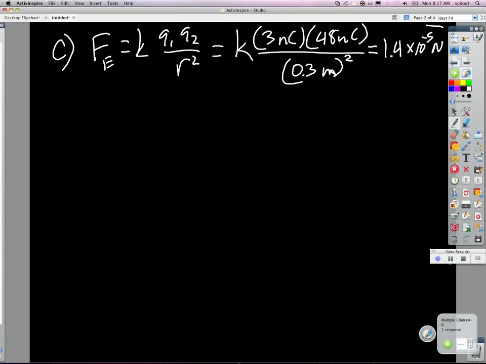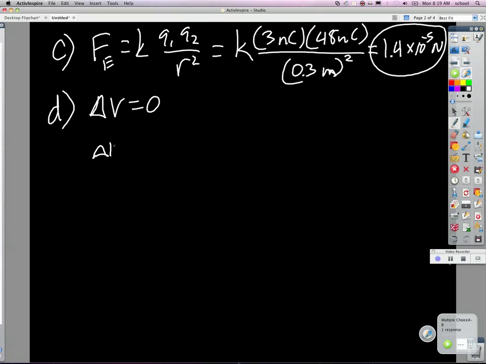Of course, delta V is equal to K times the sum of Q_i over R_i. That's not quite the right formula, I don't think, but anyways, you get the idea there.